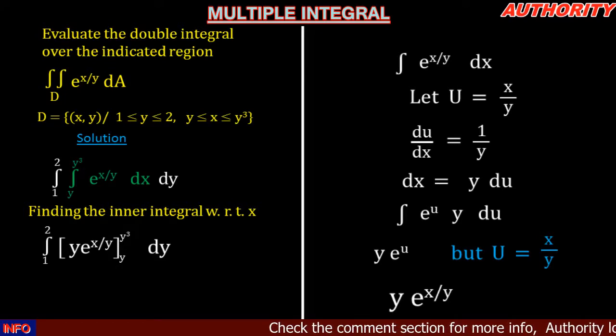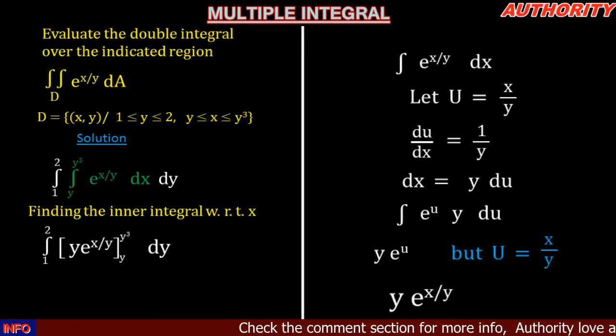Now let's bring it. That means we're going to have the outer part of this integral remaining now, which is the integral over the region 1 to 2, or the boundary 1 to 2. When we integrate, we have ye raised to power x all over y over the boundary or the limit y to y cube.